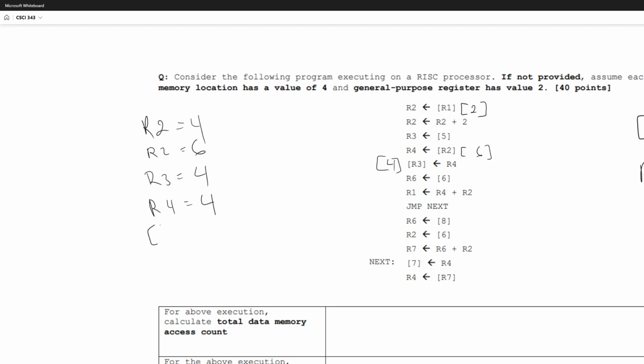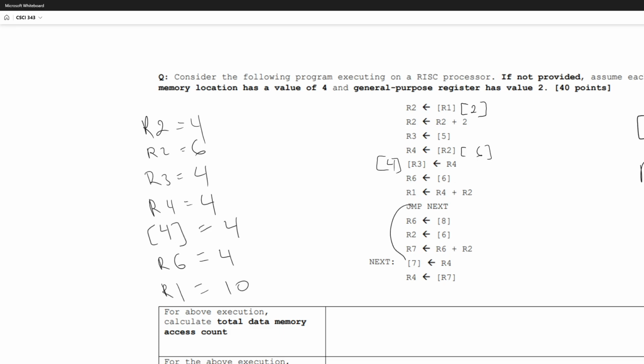So memory address 4 has a 4 in it. R6, same thing, 4. R1 is equal to R4 plus R2. So R4 has 4, R2 has 6, so 6 plus 4 is 10.